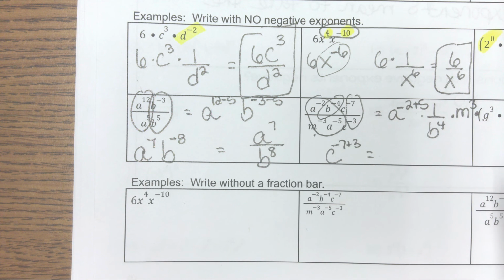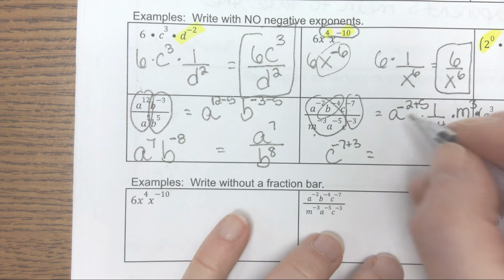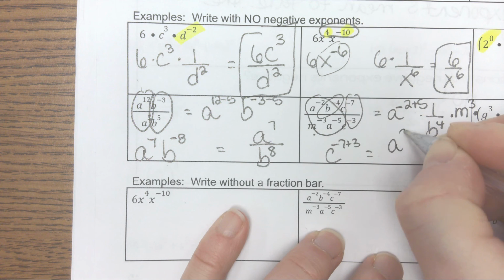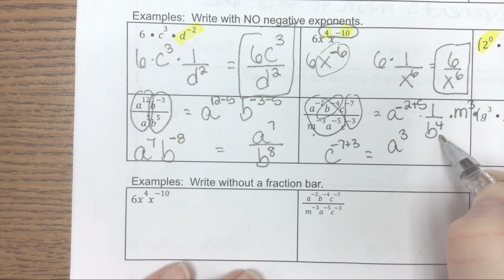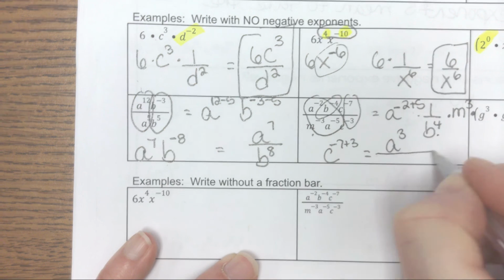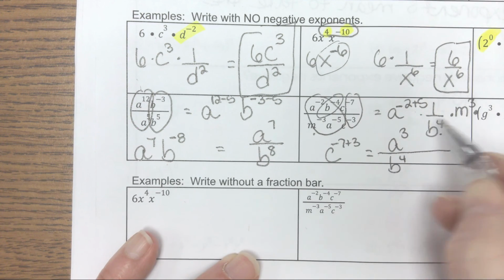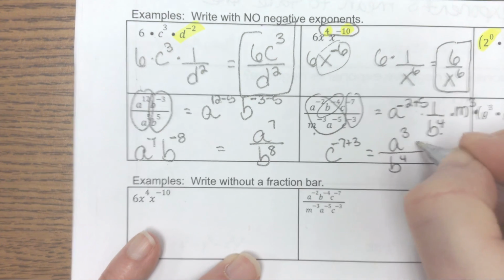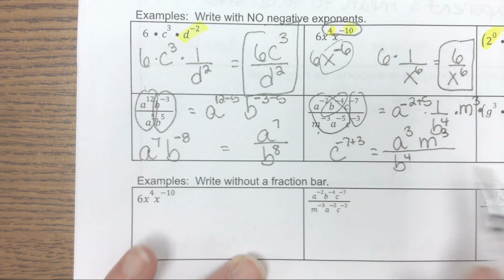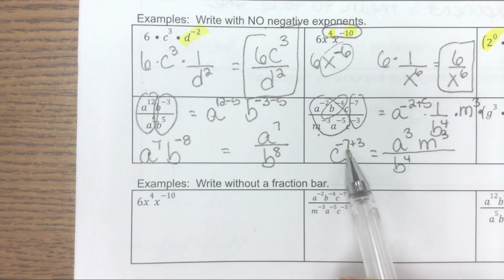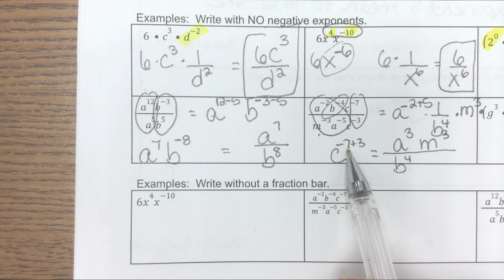Positive exponents, we have it on the top of the fraction, so it's going to be a to the 3rd. Obviously, this is on the bottom of the fraction, so I put it on the bottom of the fraction. M to the 3rd is on the top of the fraction. What's negative 7 plus 3? Is it a positive or a negative? Negative 4. So where does it go? Top or bottom? Bottom.